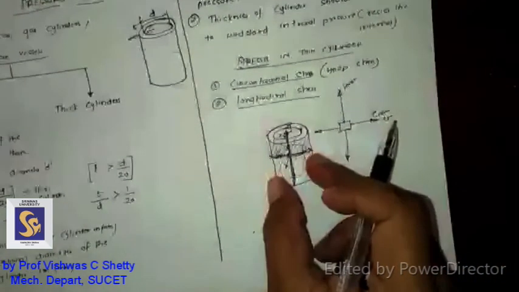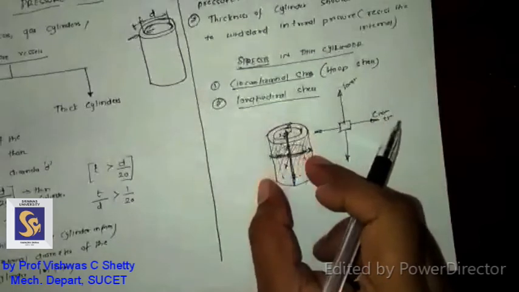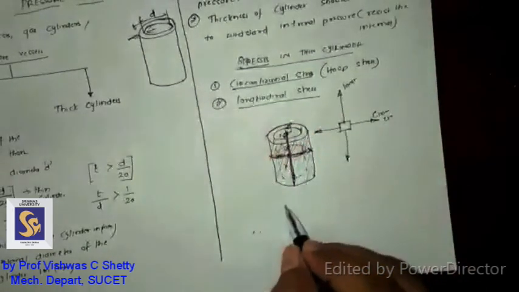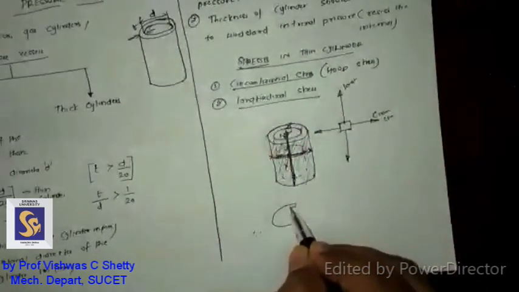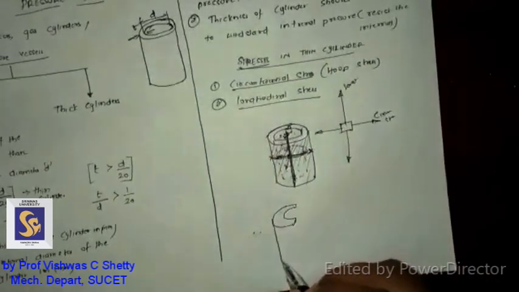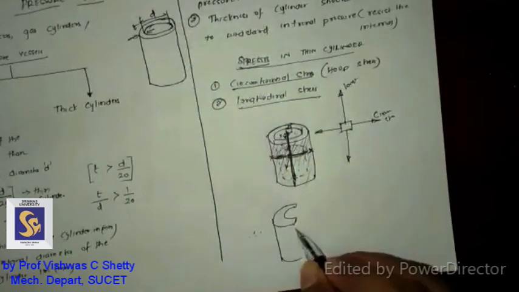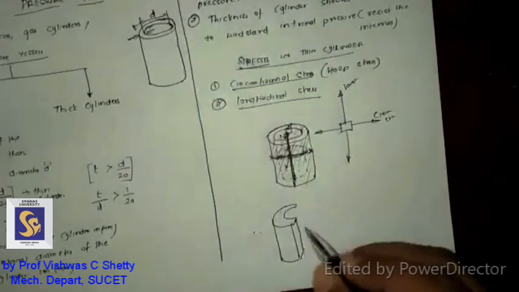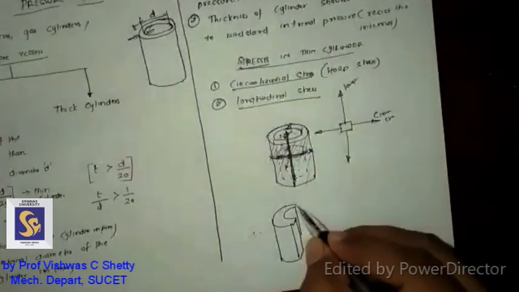This circumferential stress can break the specimen into two parts like this. Is it correct? So it can break the cylinder into two parts.